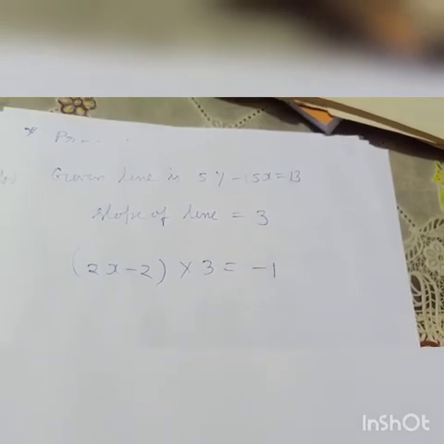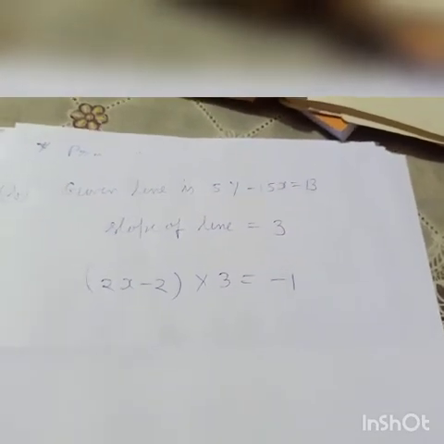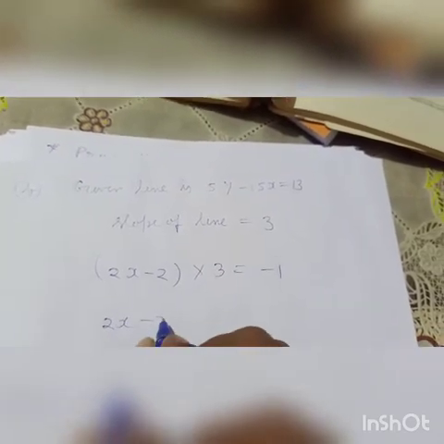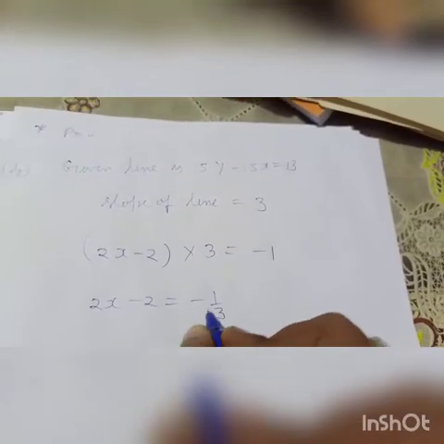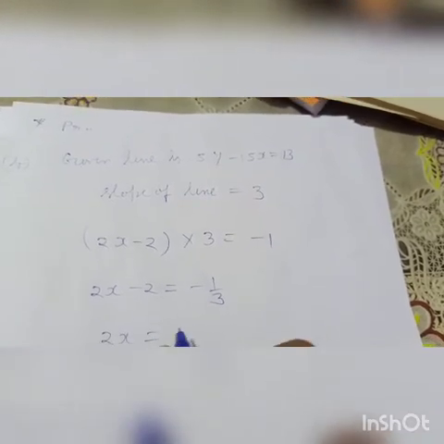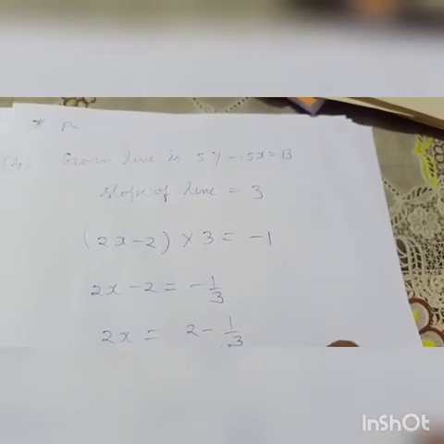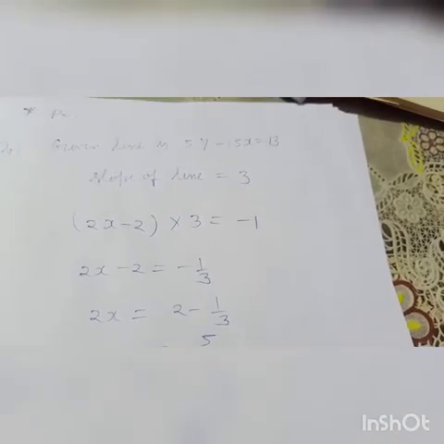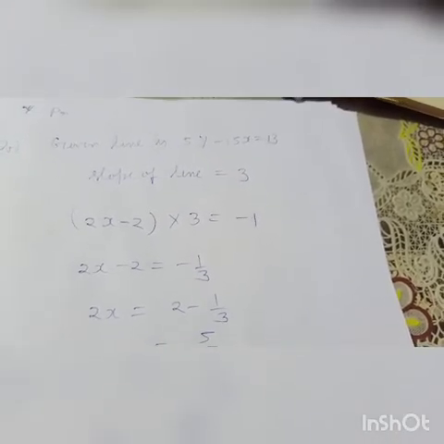So if we solve it, you can get the value of x. So 2x minus 2 equal to minus 1 by 3. Then 2x equal to 2 minus 1 by 3, which comes out to be 5 by 3. x equal to 5 by 6.